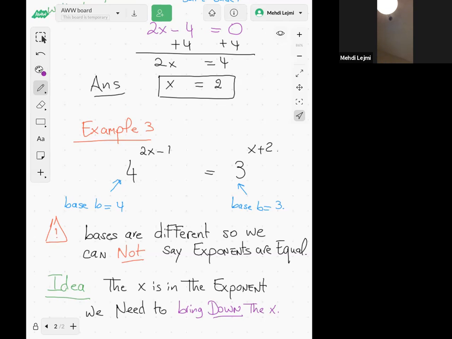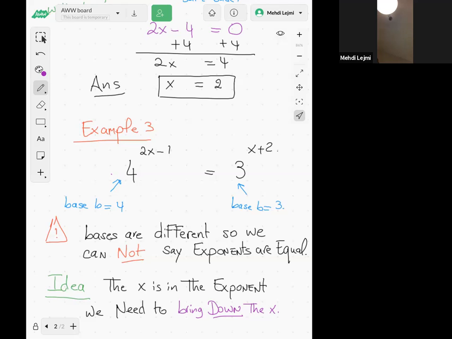We need to find a way to move the x from the exponent to somewhere in the equation.